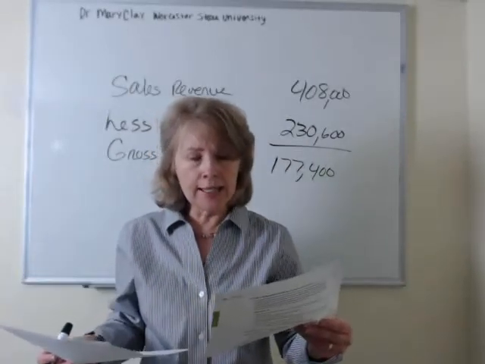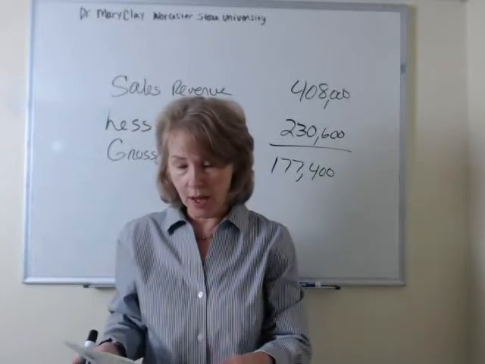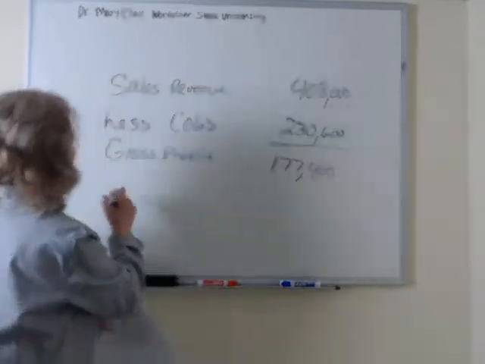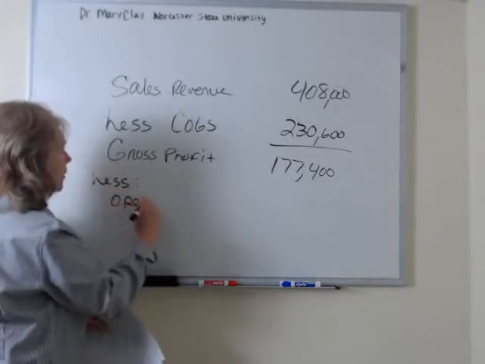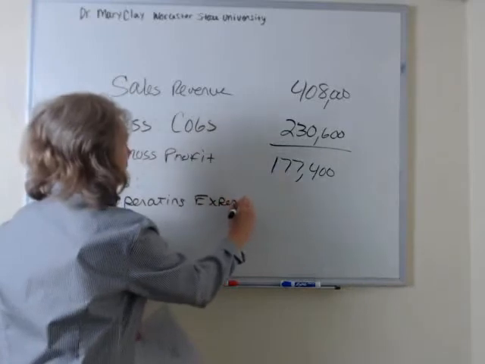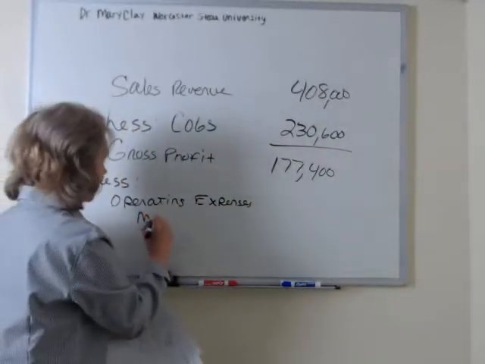Okay? Now, I go back to the problem and I look, what else did they have? Okay, they had marketing expenses and they had general administrative expenses. Okay, so those will be under your operating expenses. So you're going to have less operating expenses. We have marketing expenses.